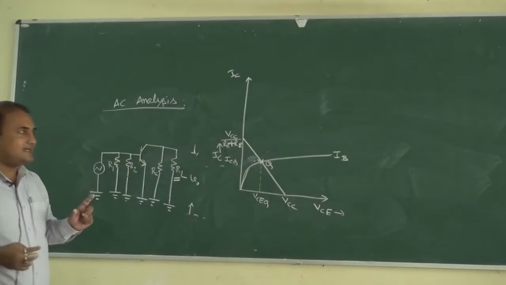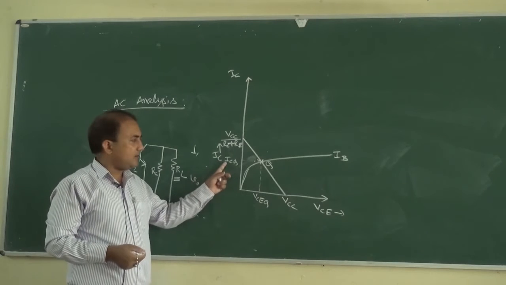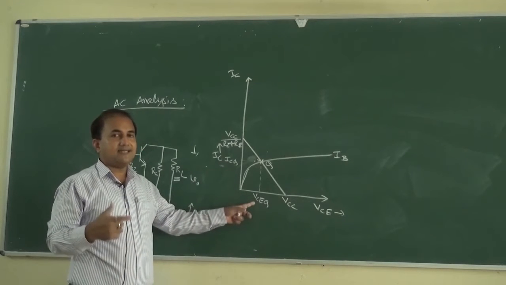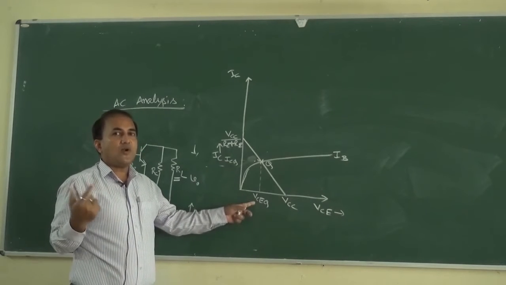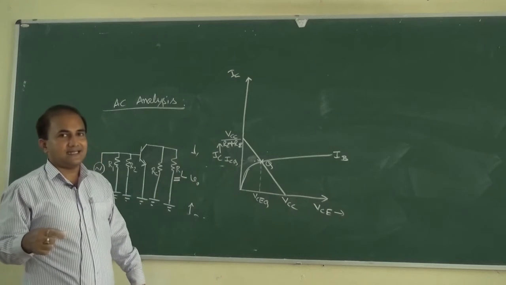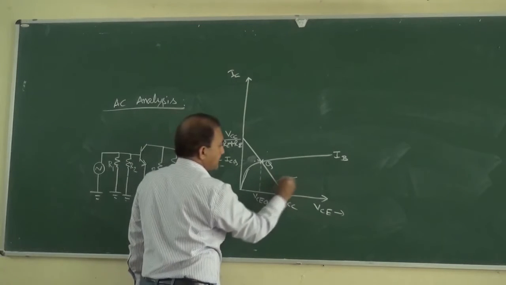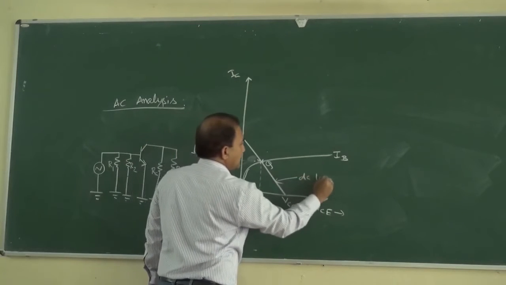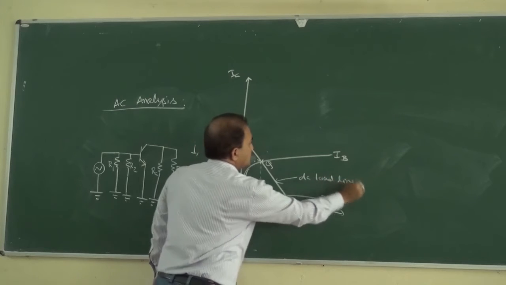By using DC analysis we can determine ICQ and VCEQ, that is the operating point when no AC input signal is applied. This is the DC load line.